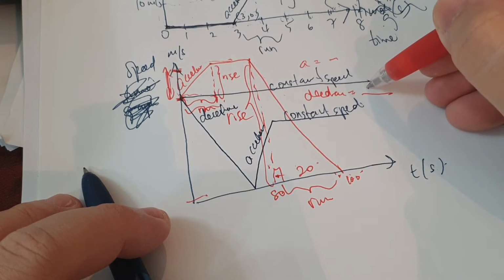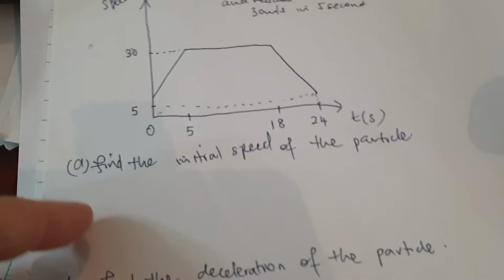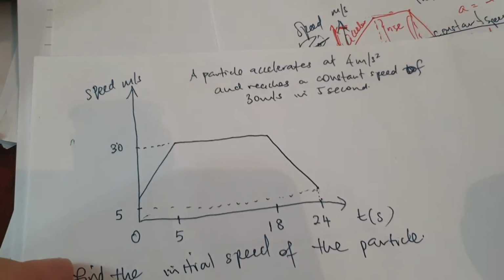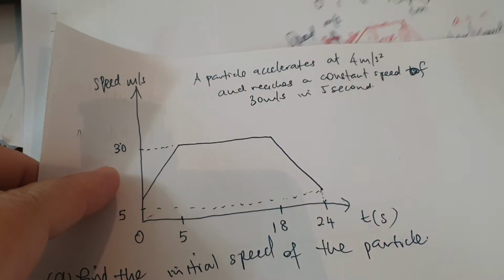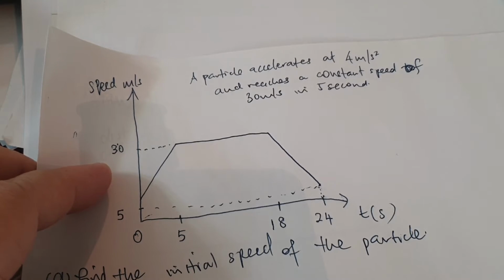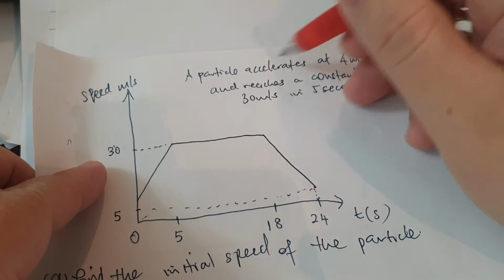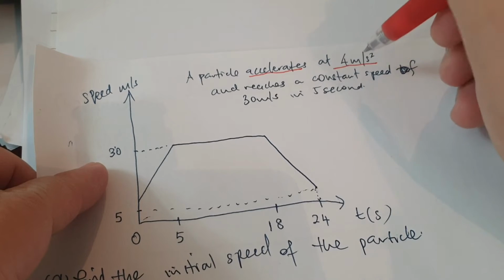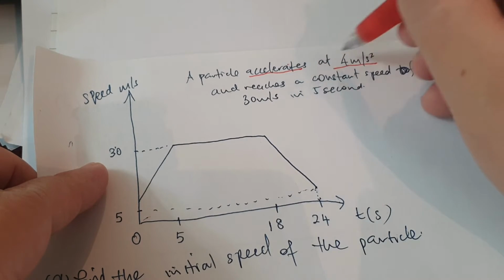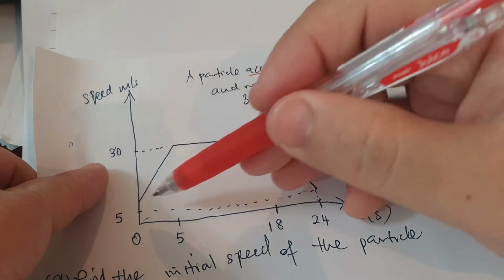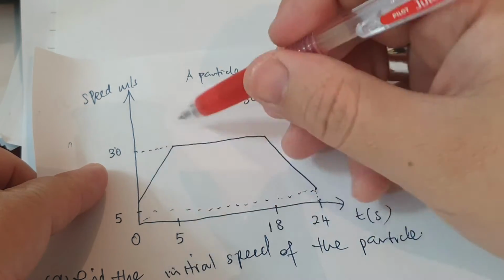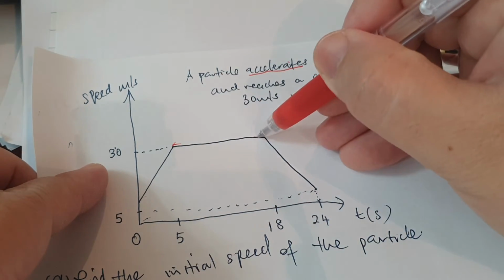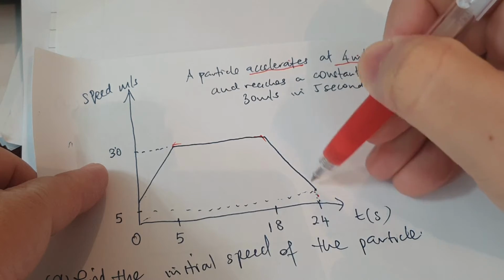But if I ask you what the deceleration is, then the deceleration is just the rise over the run, a positive value. Now we will go to a question. I haven't spoken about distance time graphs, so I'm going to use this example. A particle accelerates at 4 meters per second squared, so the acceleration is here.